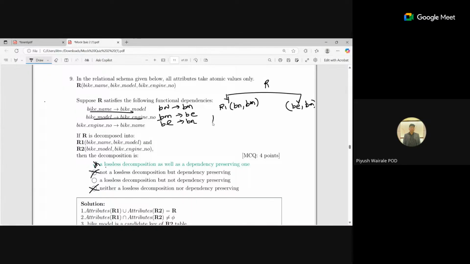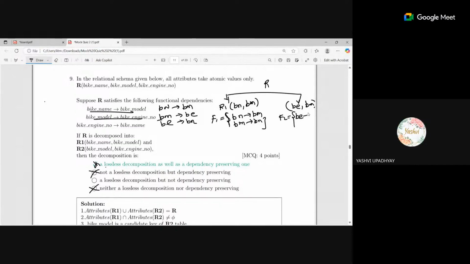What is F1 here? Tell me. Yes, BN determines BM, and BM determines BN also, can we write that? Yes.